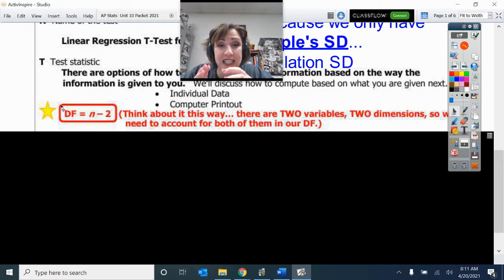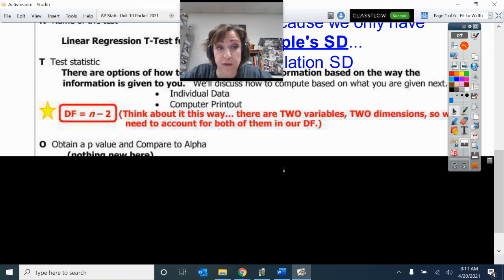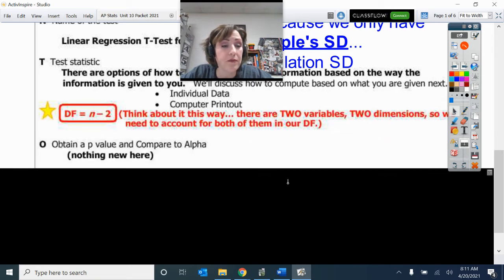A line is two-dimensional. It's not just one variable's worth of data. It's x's and y's, two dimensions. So therefore, our degrees of freedom is going to be n minus 2, because we need two leftover spaces to represent those two variables that are left.